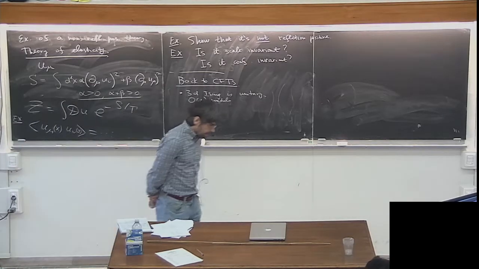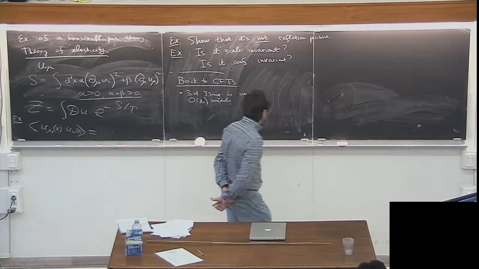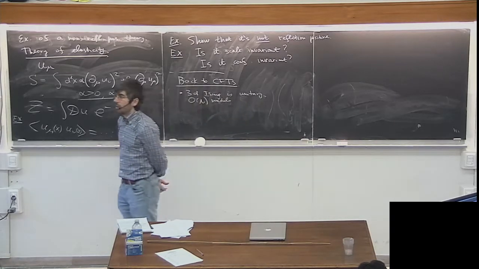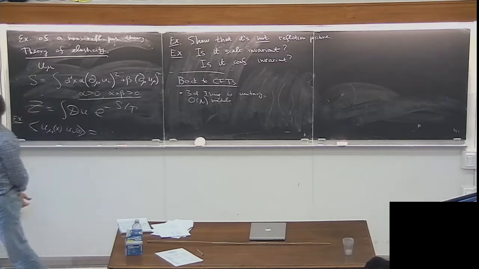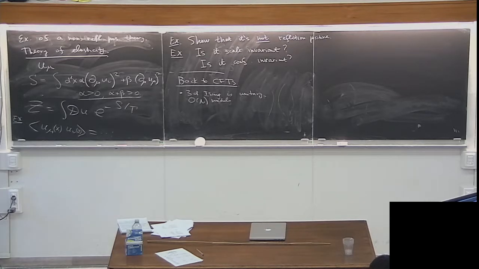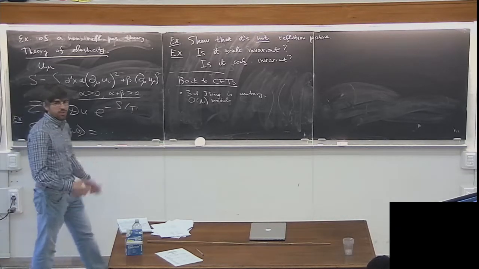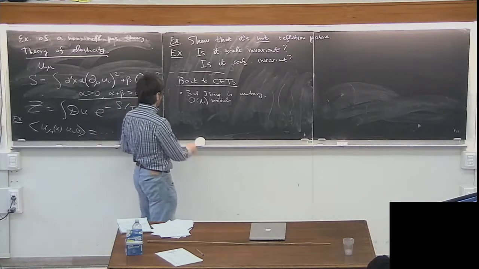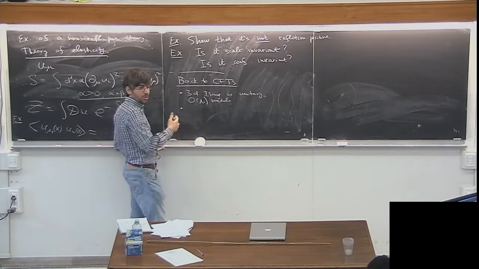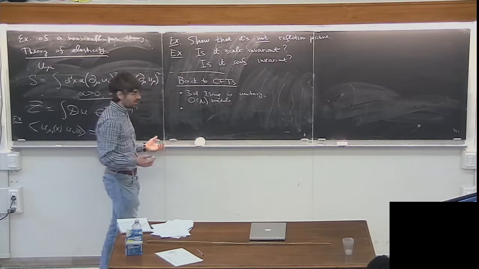Now, if you take any conformal field theory which describes a quantum critical point of a physically realizable material, it is also going to be unitary, because quantum mechanics in nature is unitary.